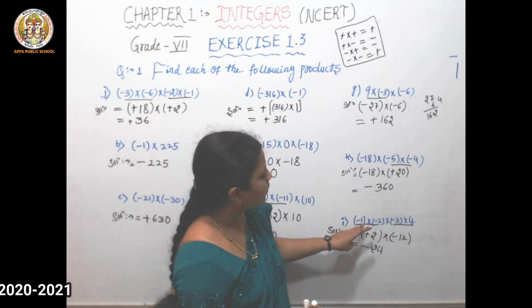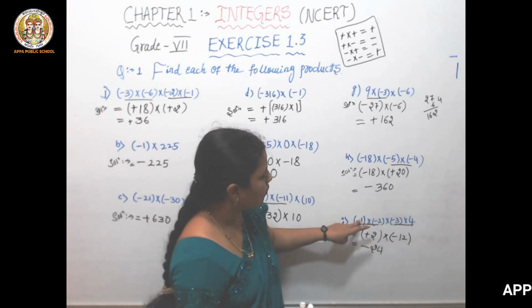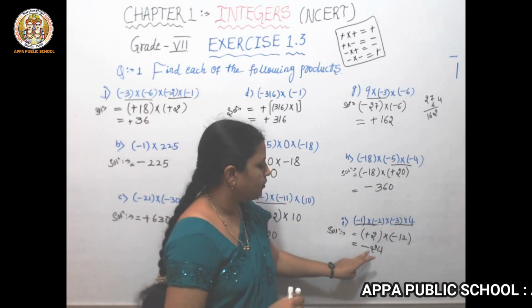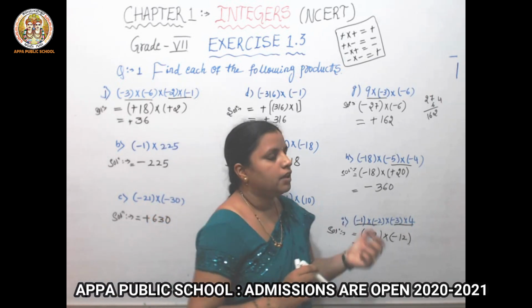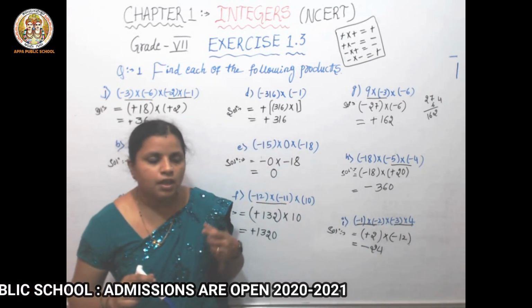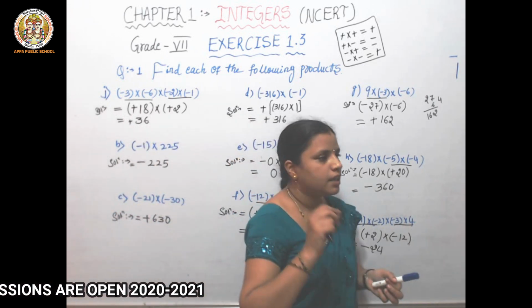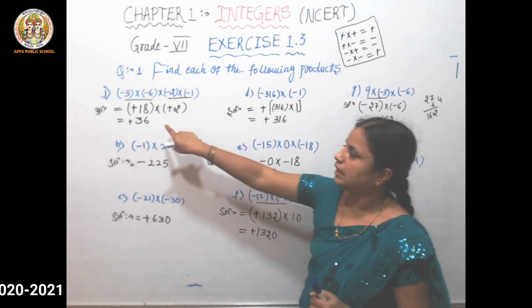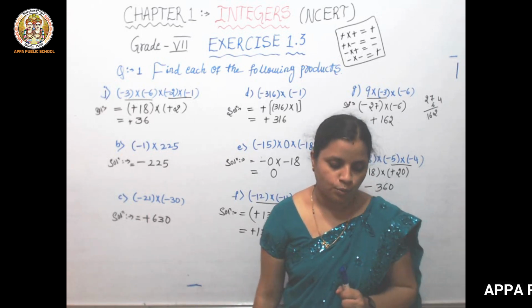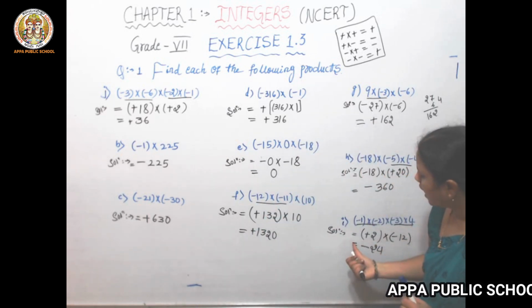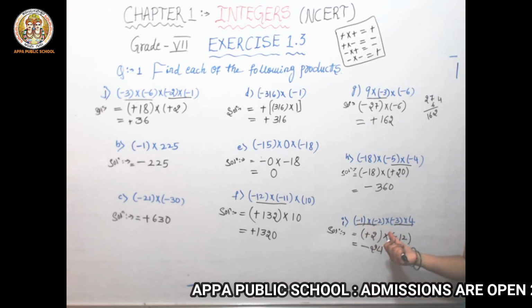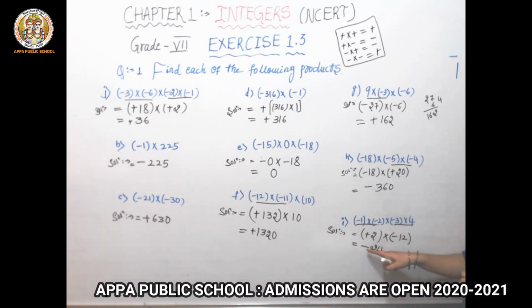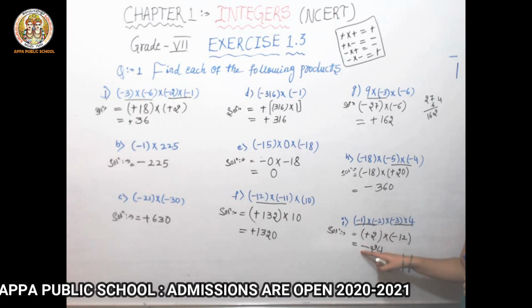Whereas you see here, how many times are we having a minus sign? 1, 2, 3. But we are getting the result as minus 24. So whenever we have an even number of negative signs, we get the result as positive. And whenever the number of negative signs is odd, then we get the result as negative.